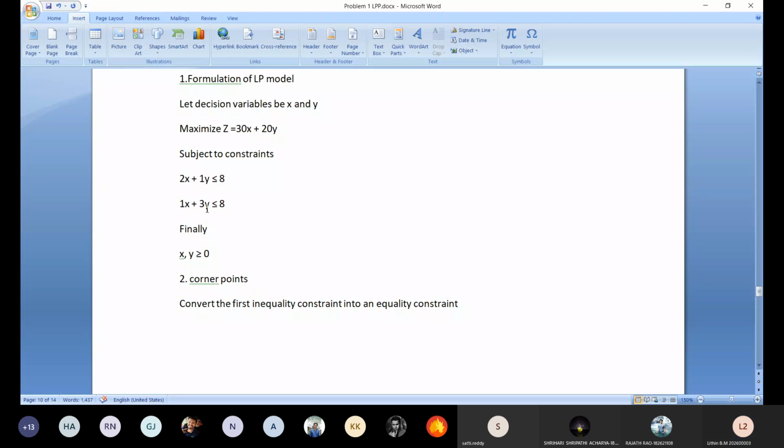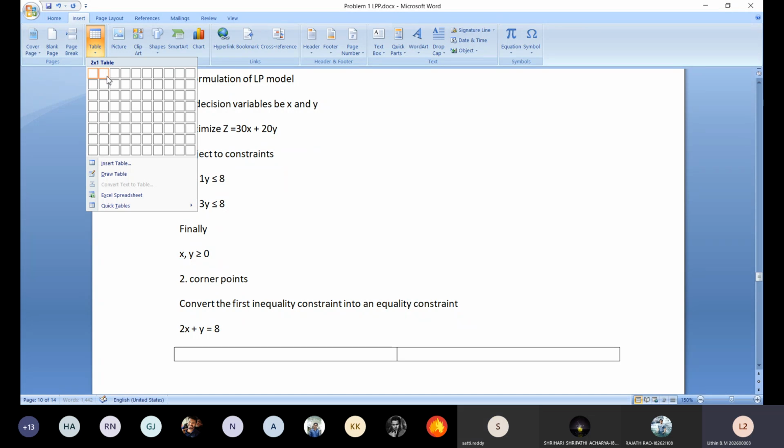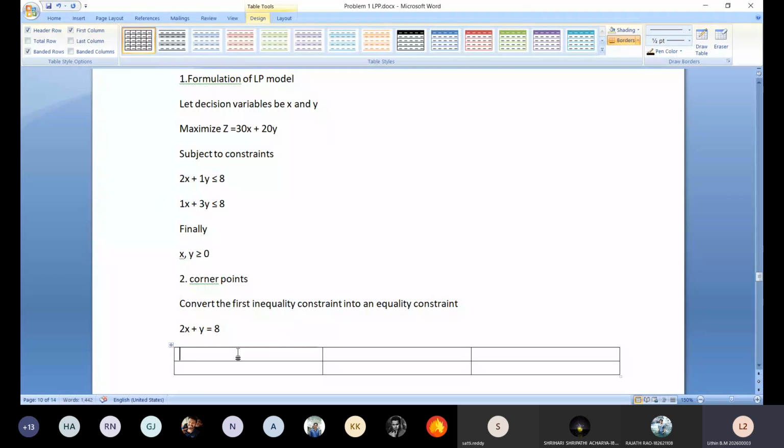The first inequality constraint is 2x plus 1y is less than or equal to 8, so how will I write it? 2x plus 1y equals to 8. Very good. Now I get my table to find out the corner points. One is x, the other one is y.